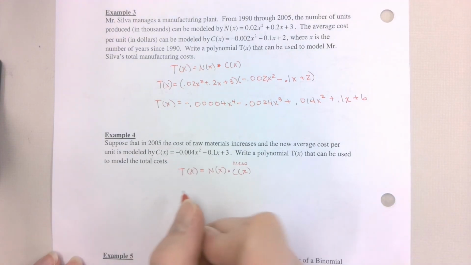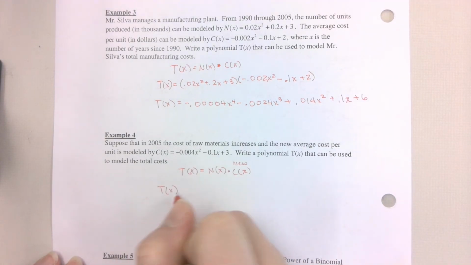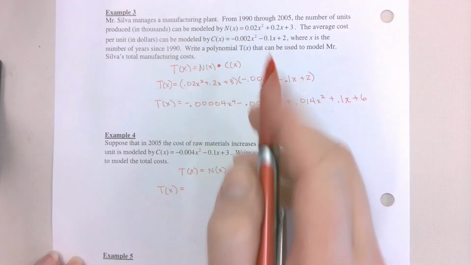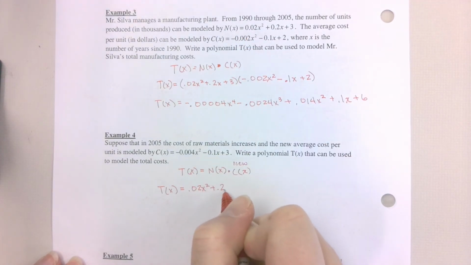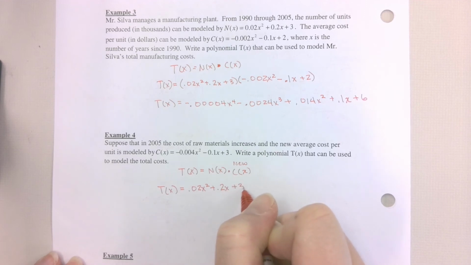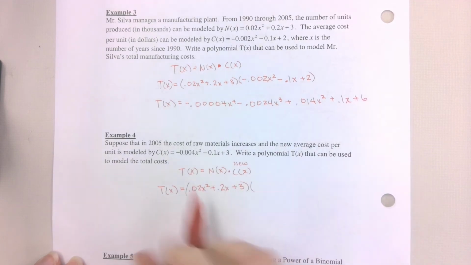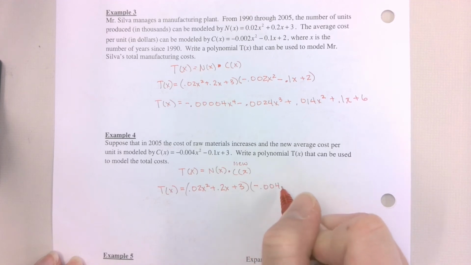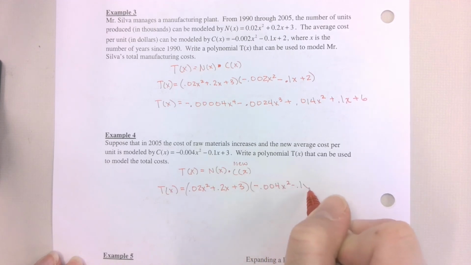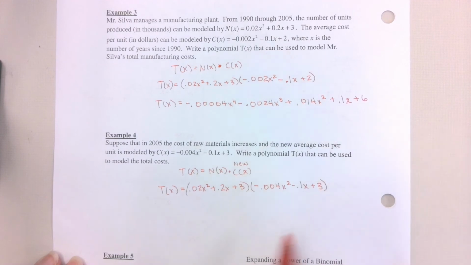And again, we would just fill in our information. Coming back up for n, 0.02 x squared plus 0.2 x plus 3, and we're going to multiply that by our new cost, which is negative 0.004 x squared minus 0.1 x plus 3. Okay, again, I would take all three of these and distribute.